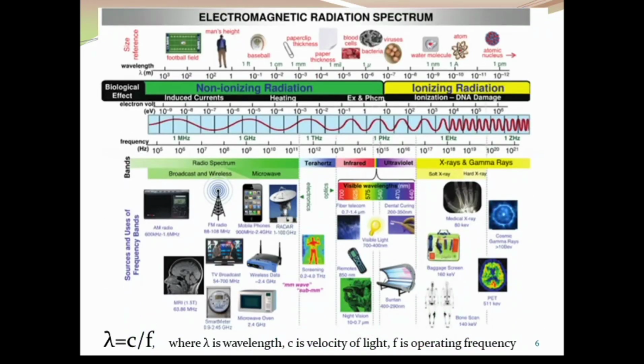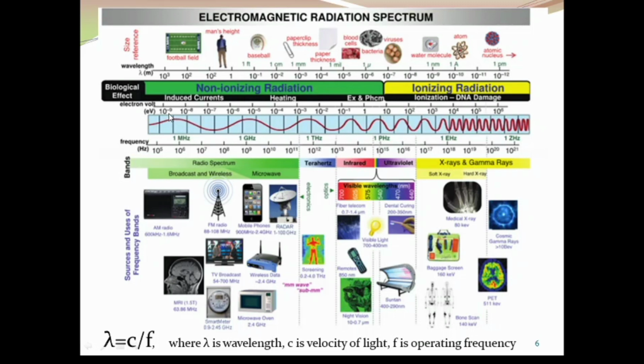Now we will discuss the electromagnetic radio spectrum, right? In this picture, the first part is the size reference for the wavelength. The first one is a football field, a very big space, compared with the atomic nucleus, which is a very tiny particle. So this much space is required to complete one full wavelength at a very low frequency, around 1 megahertz.